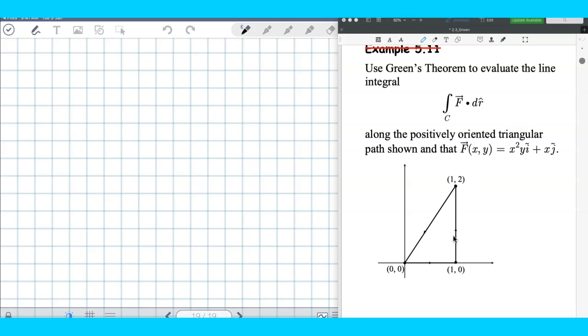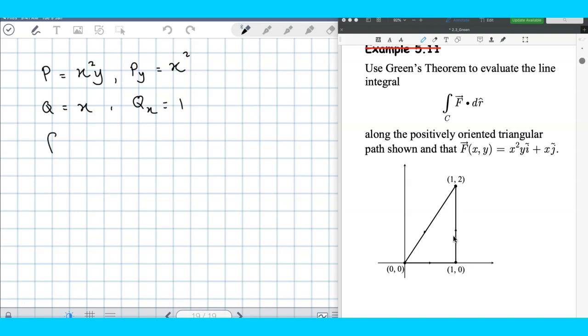So now we can have P equal to x squared y, and Q is given by x. So Py is x squared, and then Qx is 1.